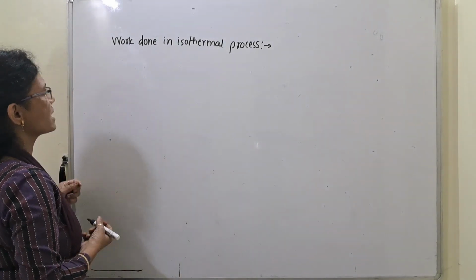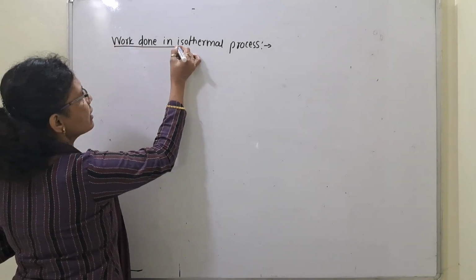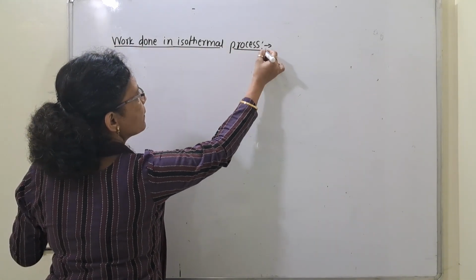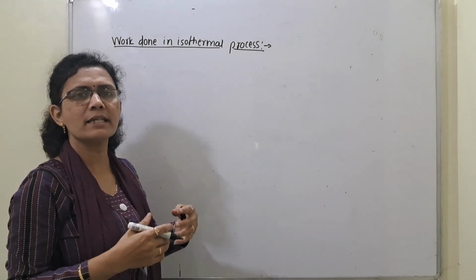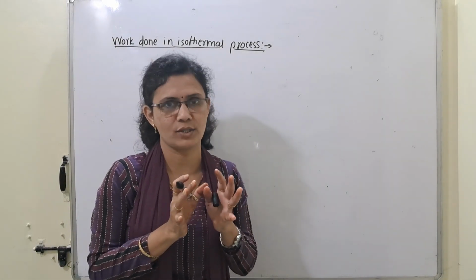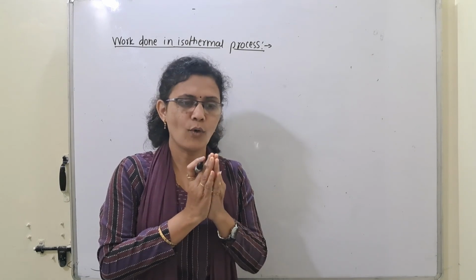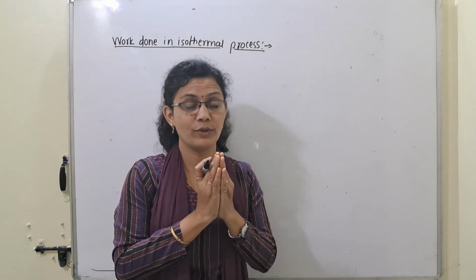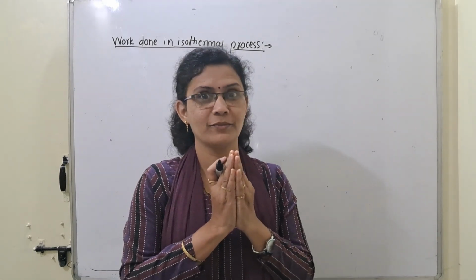So let us do that expression. First we have to consider that the gas is processed at constant temperature. At that time what can we consider? We can consider Boyle's law. Why?